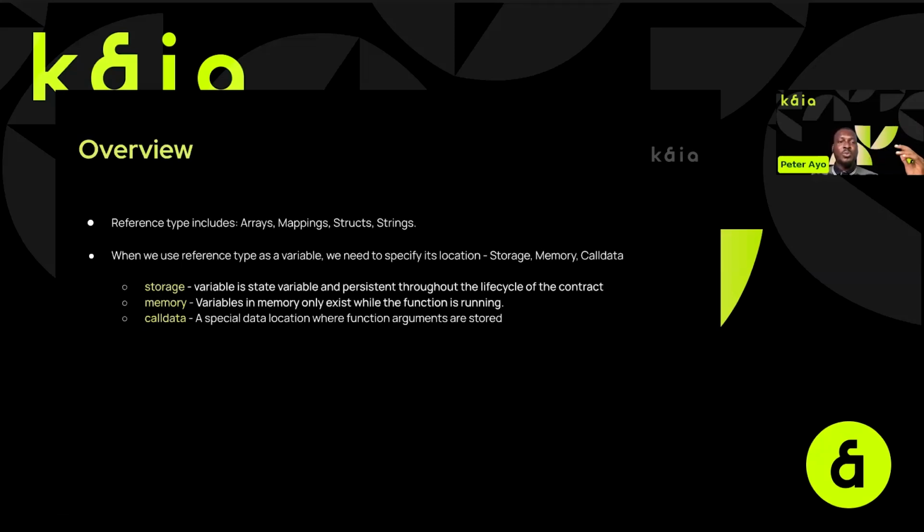In this case, when you're trying to write a sum function and you're not trying to read from the state, you can declare a variable within your sum function that only exists within the function call. And so to do this, you have to declare that variable in memory, right?